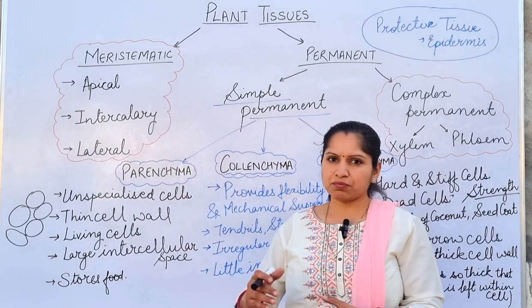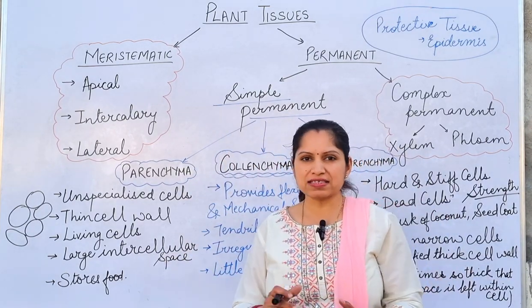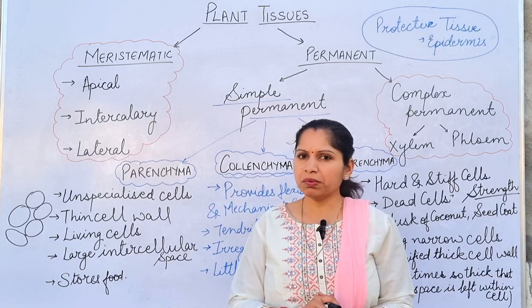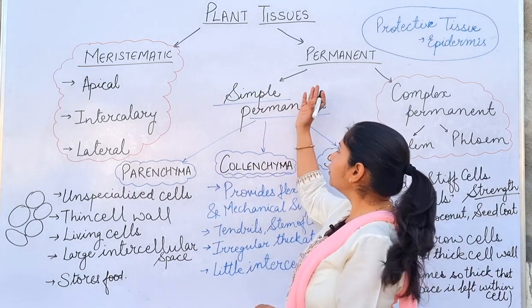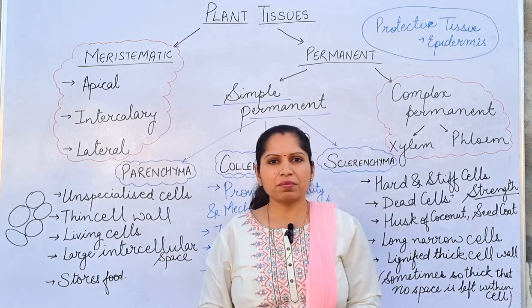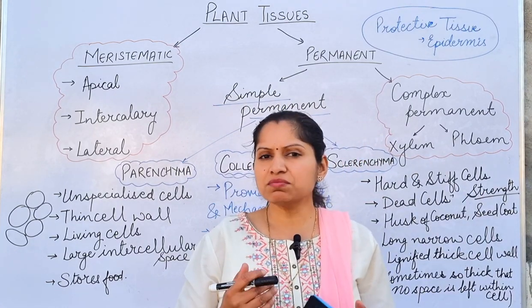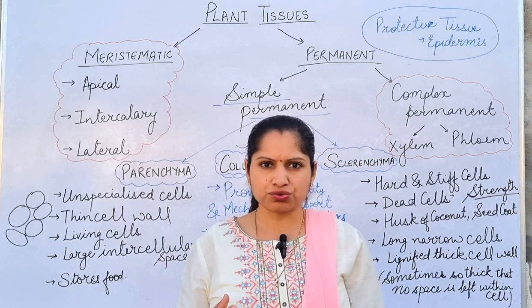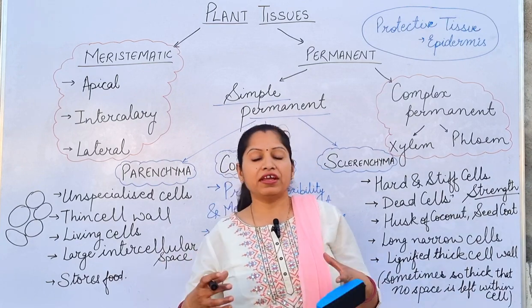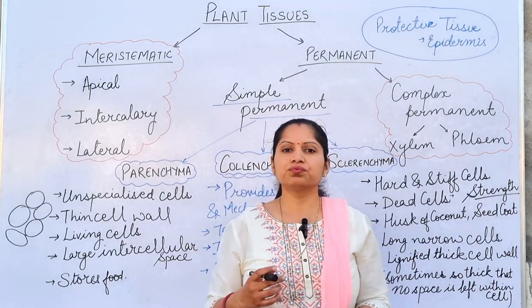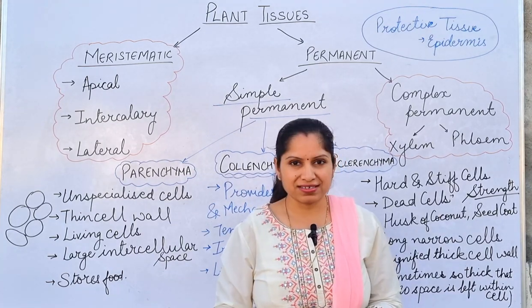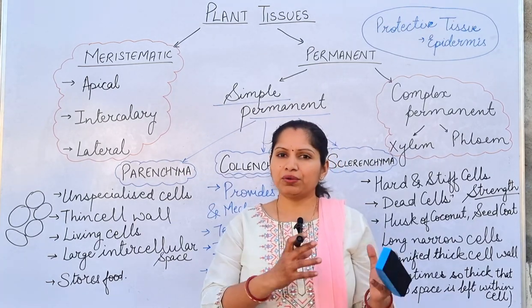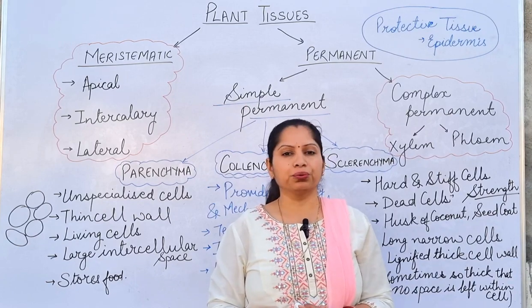First we'll see how we classify the tissues. Tissues are basically classified as meristematic tissues and permanent tissues. Meristematic tissues are fast growing tissues, present in the areas where growth needs to be very fast, helping the plant to grow.